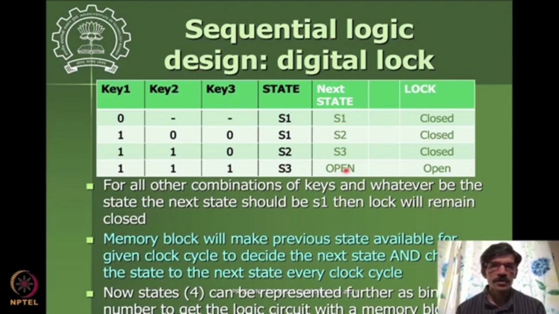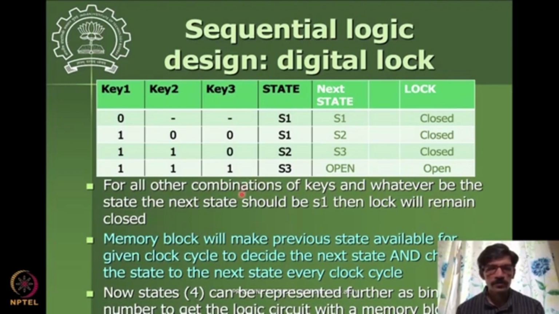Now if the keys are pressed in some other sequence, then the next state will always be S1. So any other combination of previous states and keys would lead to state S1 as the next state. That is how we define this complete truth table for this sequential logic.